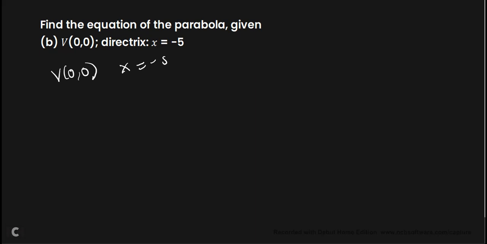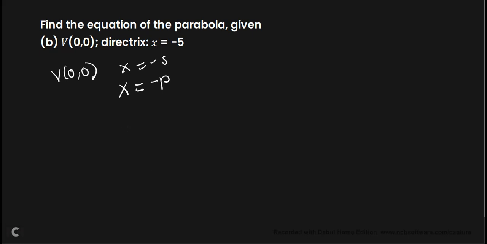Now the question is, how do we find p? If we have the vertex (0, 0), the directrix is x equal to negative p, right?